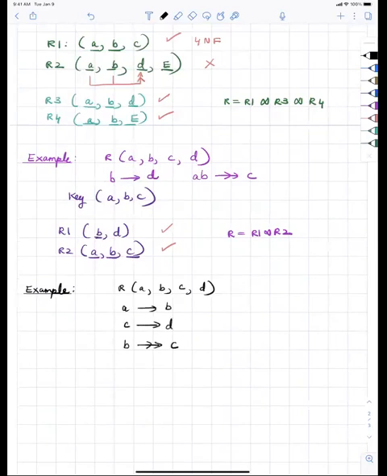In this particular example, there are actually several ways of decomposing depending on where you start. So it's really up to you which one you use. But one of the things you also have to look out for is that there are MVDs that you can derive out here. For example, remember, when you say A goes to B, that would imply that A multi-value determines B also. And then you have B multi-value determines C. So that would imply that A multi-value determines C. So that's one of the problems: you can get several MVDs for this particular relation, because you can derive certain multi-value dependencies by using these three.